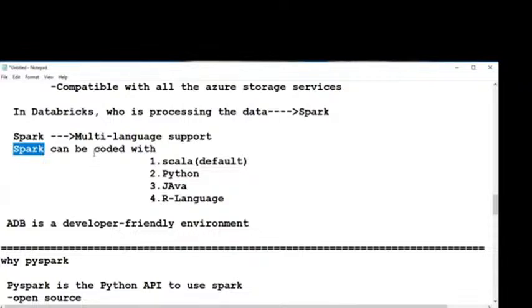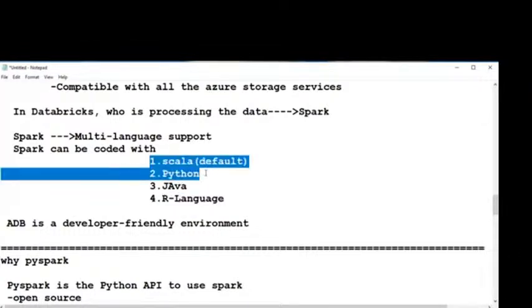Spark can be implemented using Scala, Python, Java, or R language. Any language can be used, but in the industry, the mostly used ones are Scala and Python. Java and R language are never preferred in the industry. So Scala and Python are mostly used.